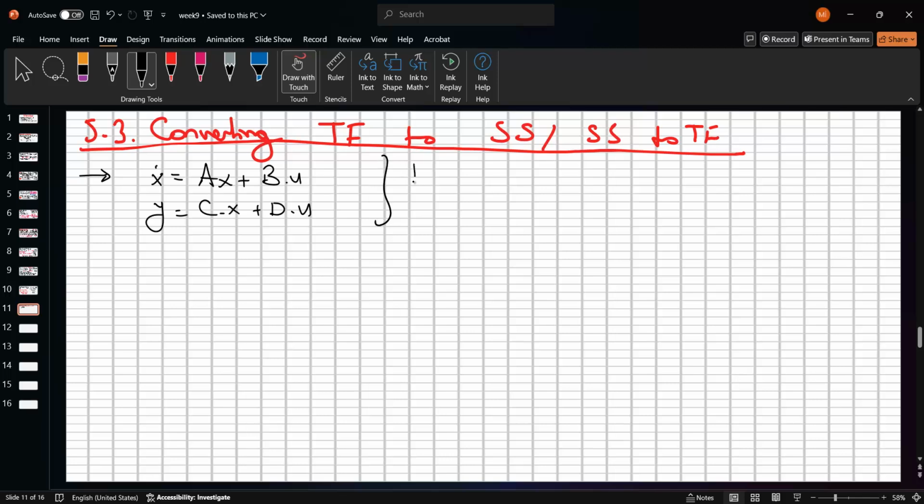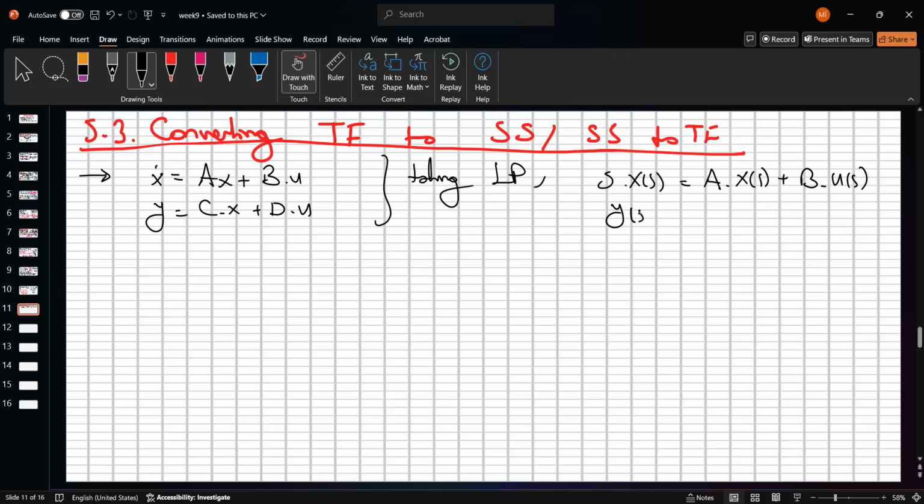If we take the transfer function in here, or the Laplace transformation in correct meaning, this is equal to what in here? sX(s) is equal to AX(s) plus BU(s), right?